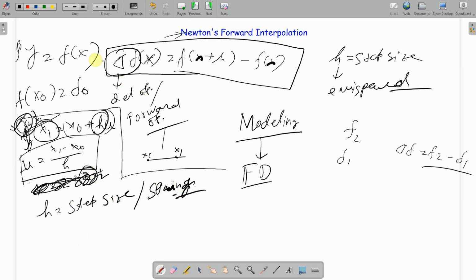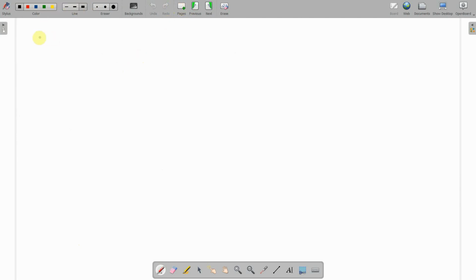Now I'll be writing this formula, expanding this f(x0 plus hu) using the Taylor series.